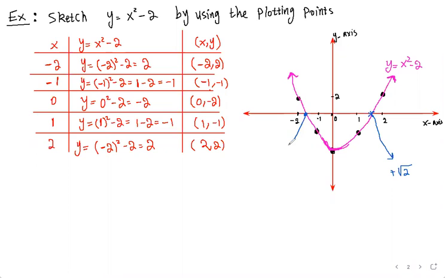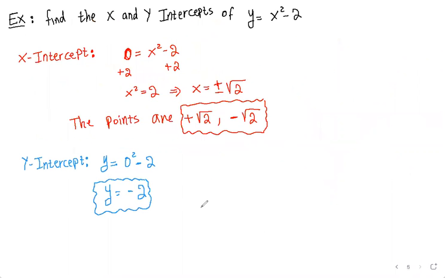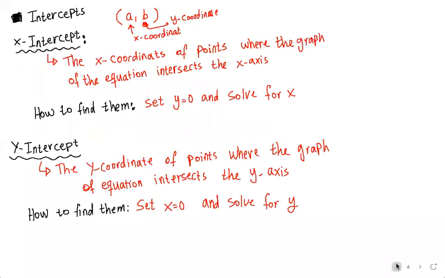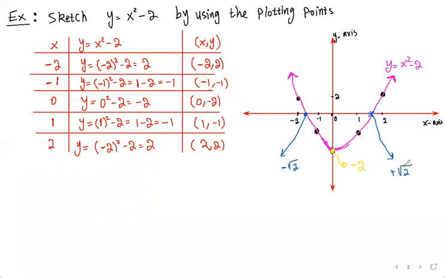And the point here is minus square root of 2. This is also an x-intercept. But the y-intercept is this point, and this point is negative 2, as we found here. The x-intercepts are positive and negative square root of 2, and the y-intercept is negative 2.